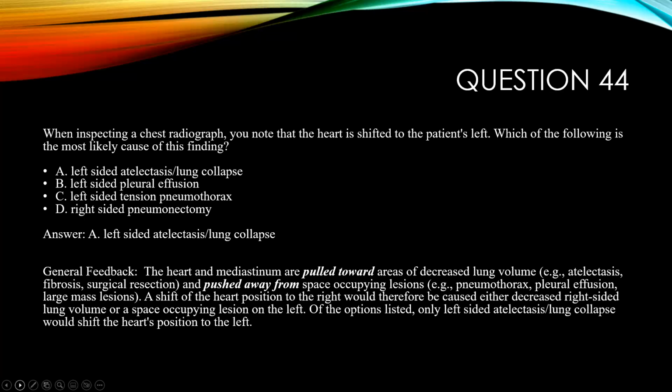The shift of the heart position to the right would therefore be caused by either decreased right-sided lung volume or a space-occupying lesion on the left. Of these options listed, however, only left-sided atelectasis or lung collapse would shift the patient's heart to the left.